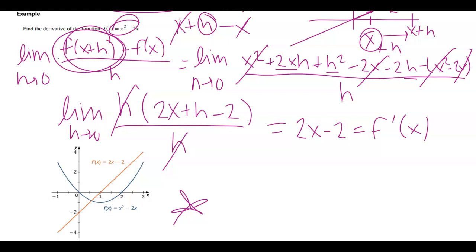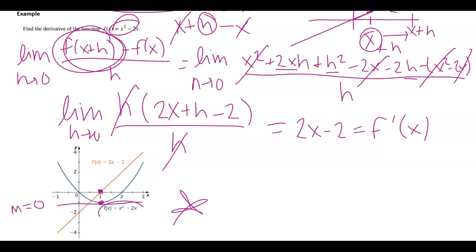A couple of things I want you to note here. Note that the minimum value of f, the vertex, would have a horizontal tangent line. Horizontal lines have slope of 0. So notice that is a 0 of my f prime.